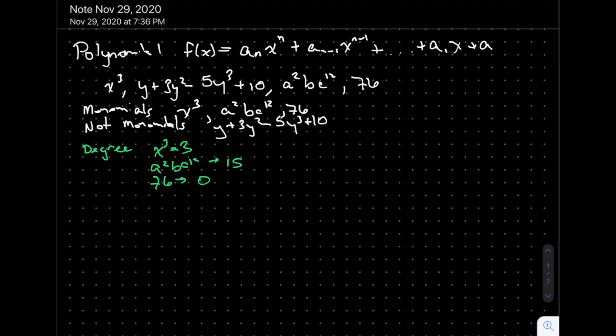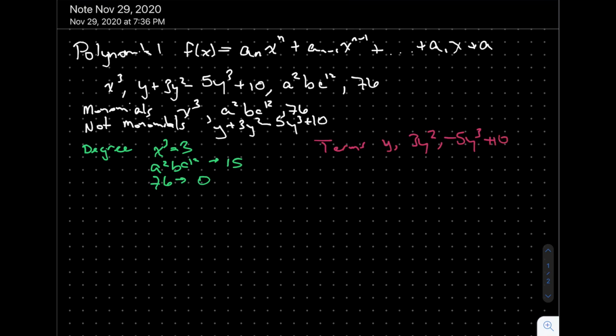So now that we've looked at the degree of monomials, I'd like to separate out y plus 3y squared minus 5y to the 3rd plus 10 into its terms. Remember, terms are separated by addition and subtraction. So our terms are y, 3y squared, negative 5y cubed, and 10.